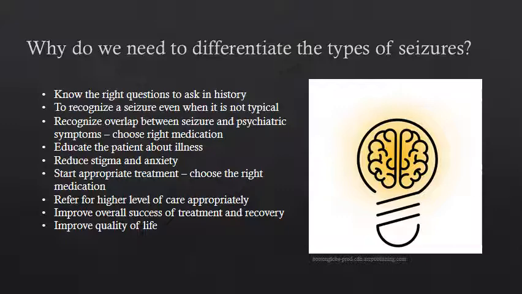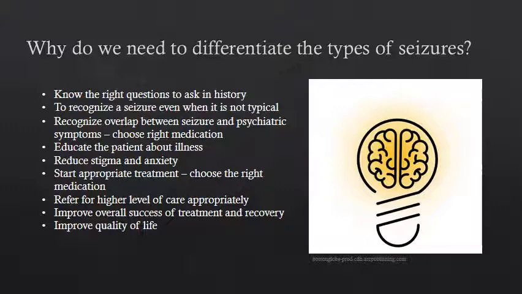You can educate the patient about their illness better. You can let them know what to expect. You can also educate family and caregivers. This reduces stigma and anxiety and equips the patient and caregivers to cope with the illness better. As I mentioned, you can start appropriate treatment, choose the right medication for the type of seizure.